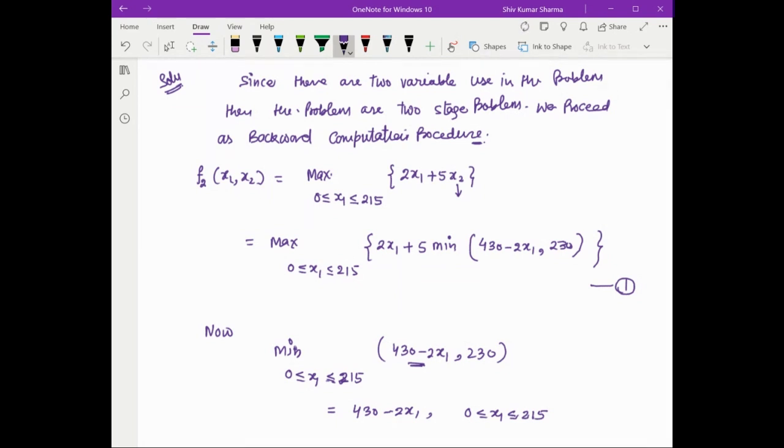Now when we obtain the minimum value, we substitute it in equation number 1. So we eliminate the minimum word. So we write 5 into 430 minus 2x1.